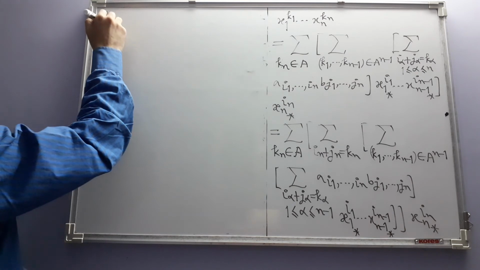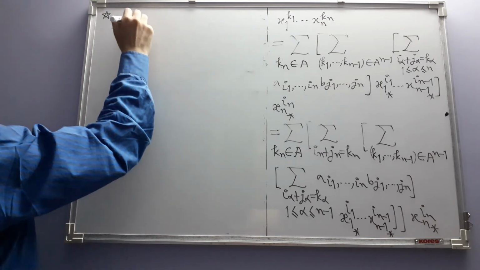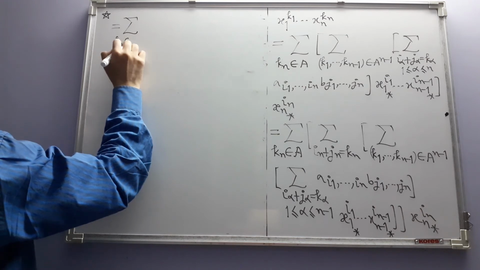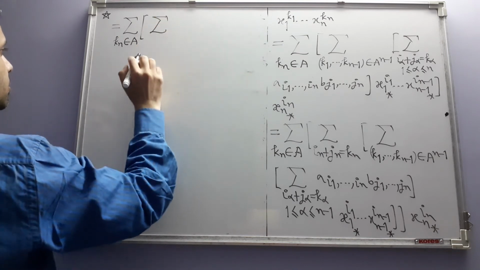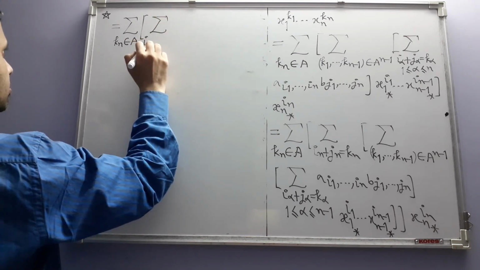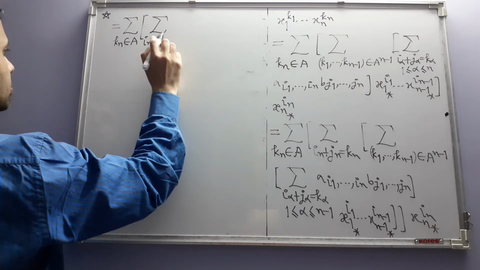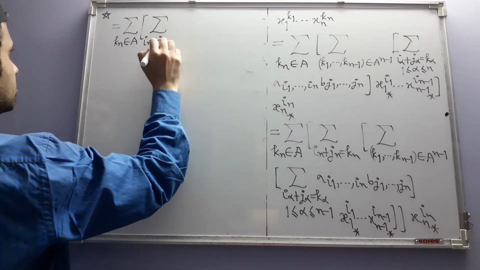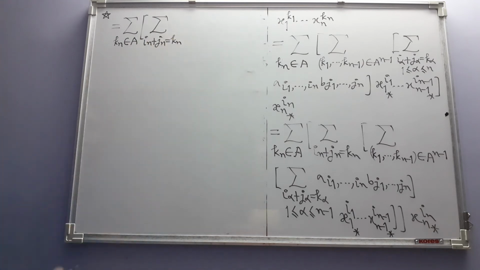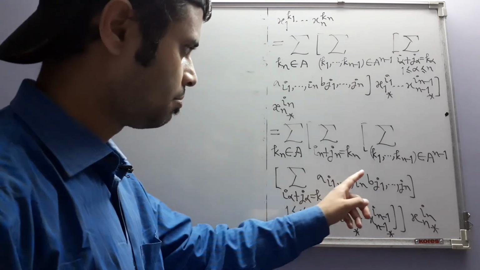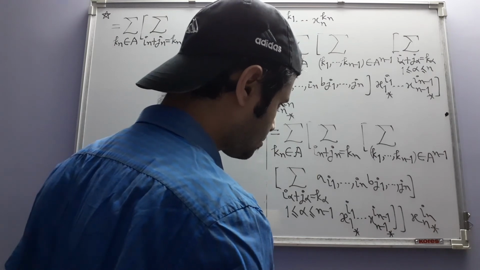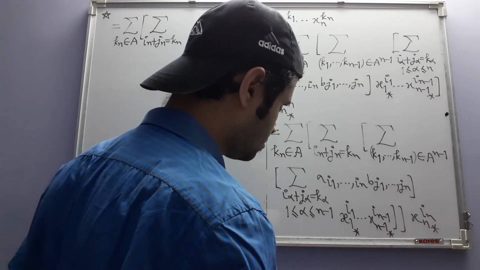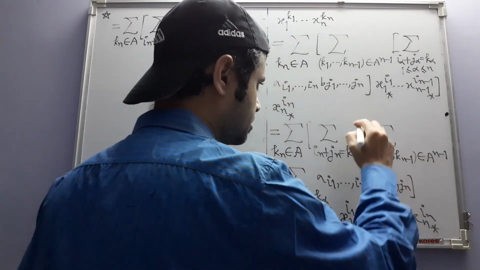Now this becomes equal to, the outermost sum remains as it is. After that, this sum also remains just like that, In plus Jn equal to Kn, and then this thing means this.